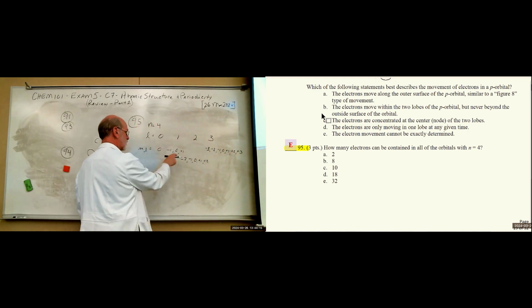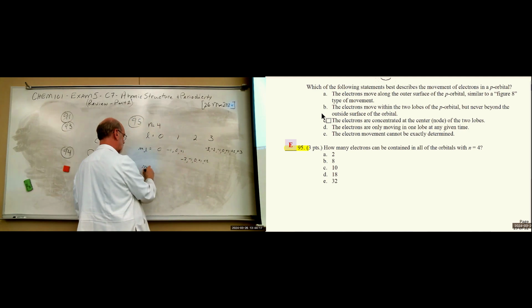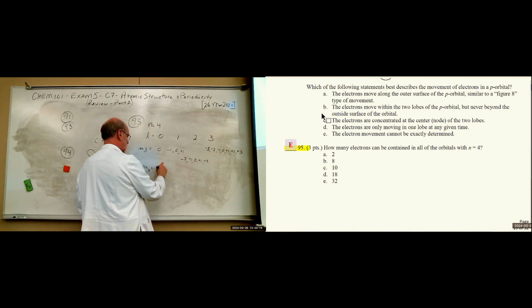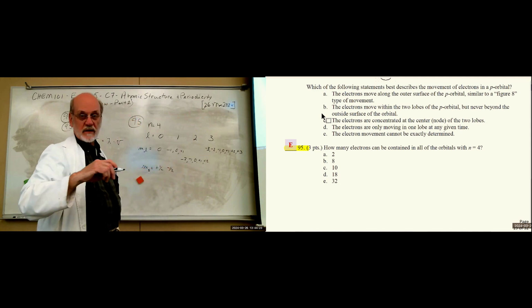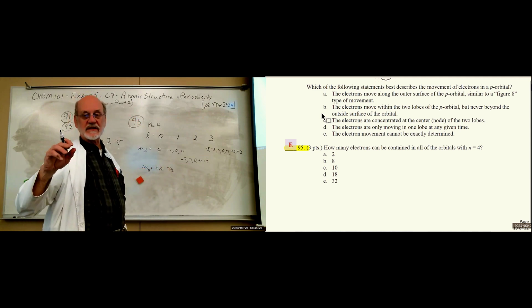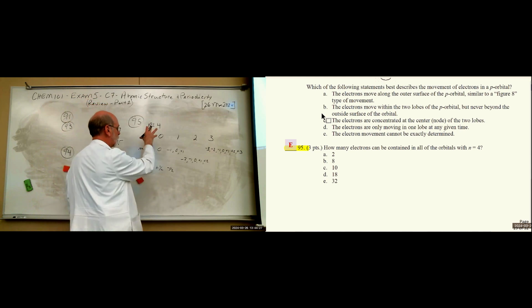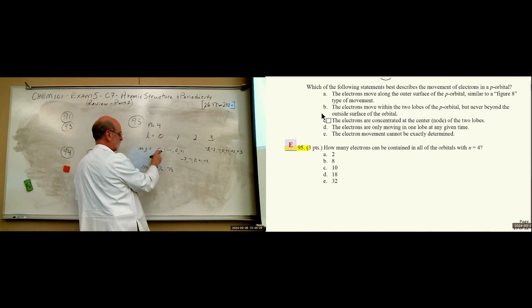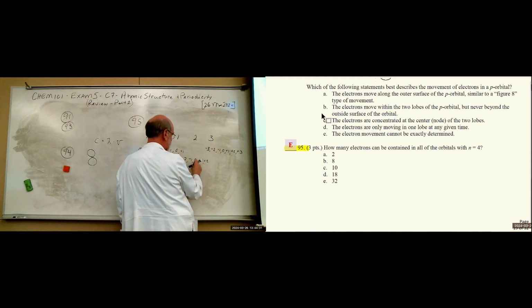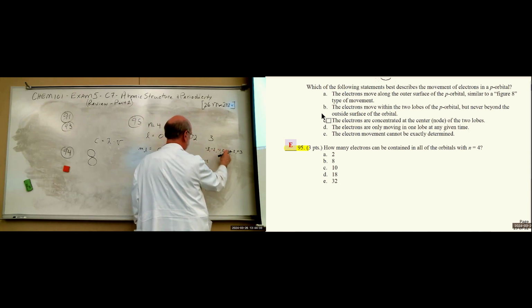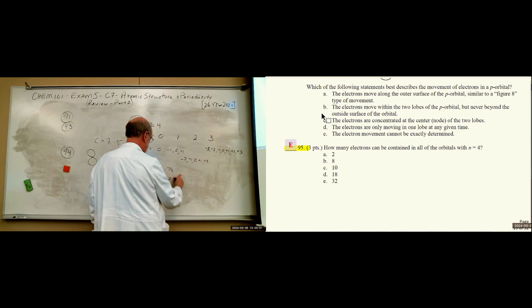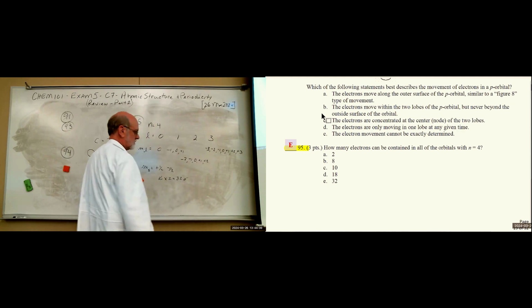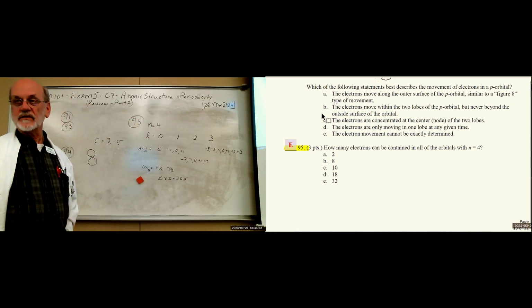And for each one of those, you can have 2 electrons, plus 1/2, minus 1/2. So the question is, how many electrons can be contained in all the orbitals n equals 4? So 1, 2, 3, 4, 5, 6, 7, 8, 9, 10, 11, 12, 13, 14, 15, 16. 16 times 2 equals 32. Maximum 32 electrons in n equals 4.